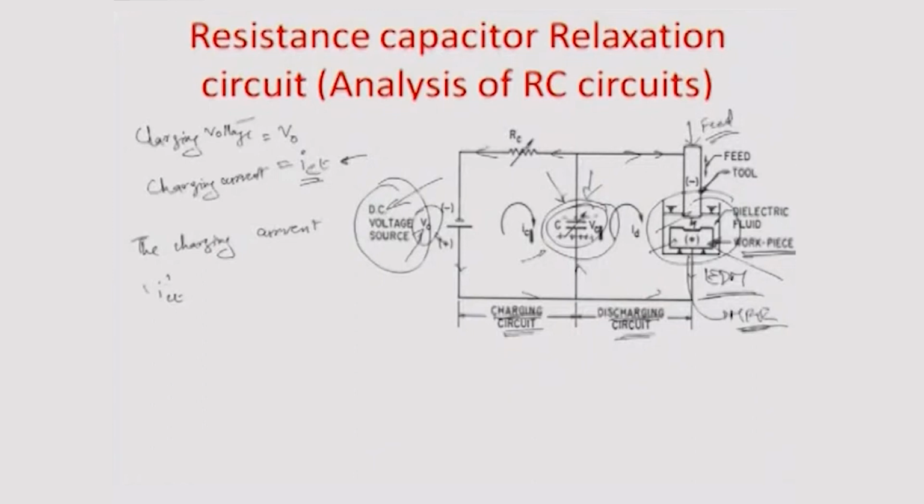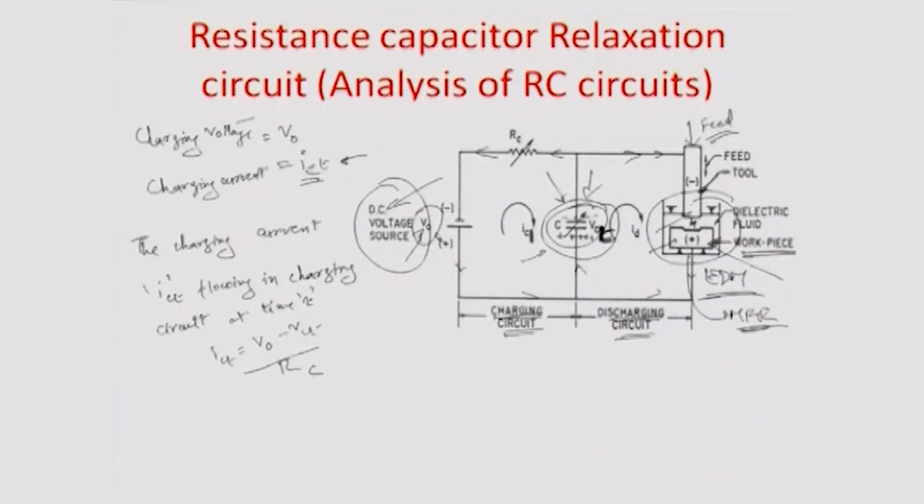And so, the charging current IC(t) flowing in the charging circuit at time instance t is of course given by the expression (V0 minus VC(t)) by RC. Let us assume there is a voltage VC(t) being formulated across the capacitor.